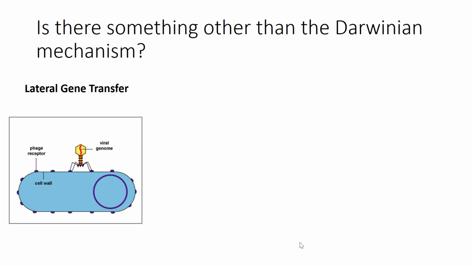Could something like a virus take a gene for a protein out of one organism and actually insert it into another? We're finding that this happens all the time in bacteria, but we're also starting to see evidence of this happening in eukaryotes as well.